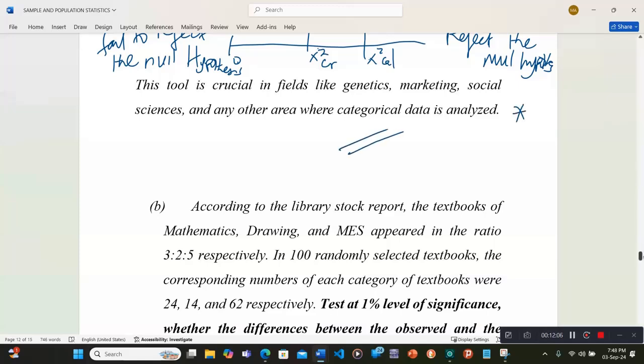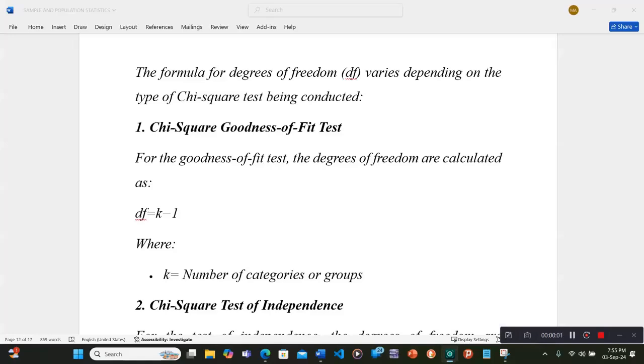So now, hello members, in this lecture, we see how we can calculate the degrees of freedom for any type of chi-square test. So now let's look at the chi-square test goodness of fit.